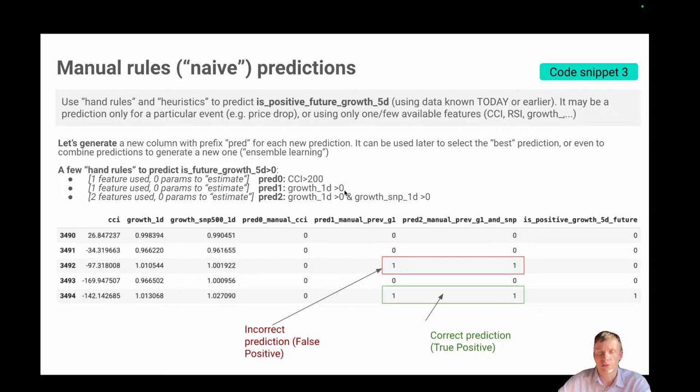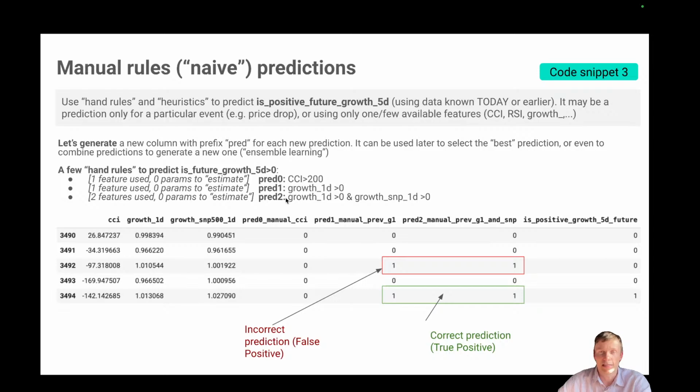I'll check in the code that it's not a mistake. The idea is that we just look at the latest available 1 period growth. So growth adjusted close today versus adjusted close yesterday. And if it was growing today, then it will be growing for the next 5 days, which is a simplification, of course.